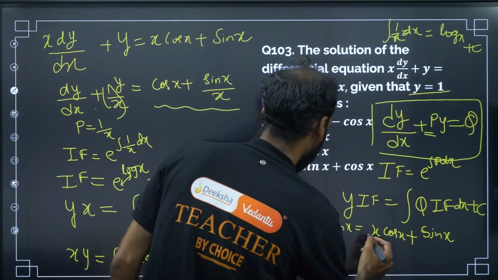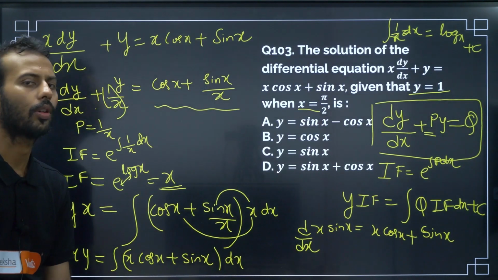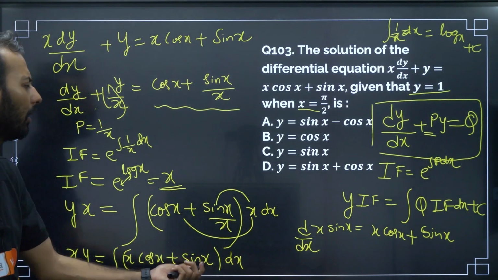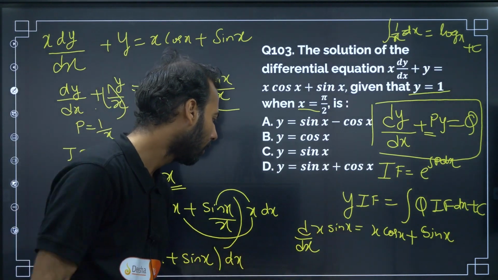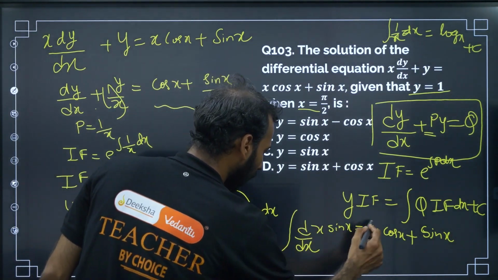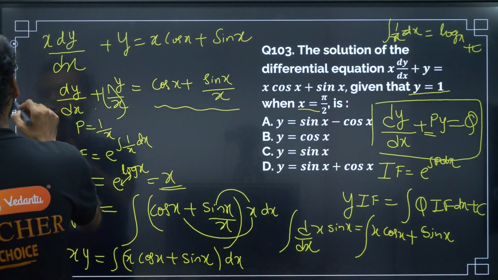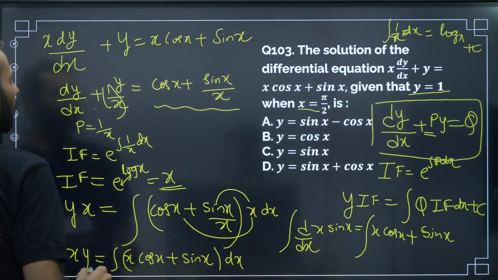If you are strong in differentiation, that is an added advantage for integration. Or else if you go for normal integration, it is also fine, it will take a lot of time. Since I am aware of this formula, if I integrate on both sides, the integration of this entire part is x sin x. If you want to make a note of this, you can pause and note all this.